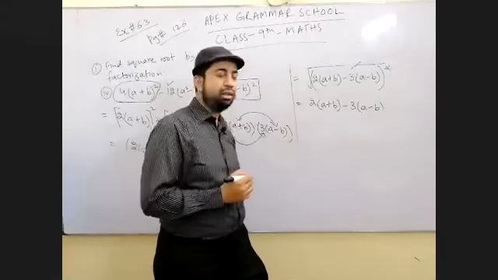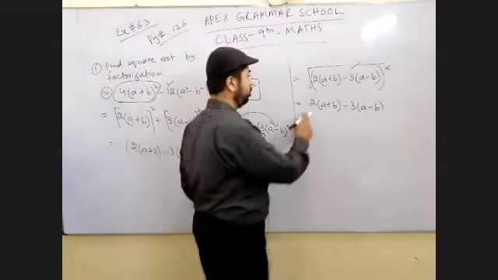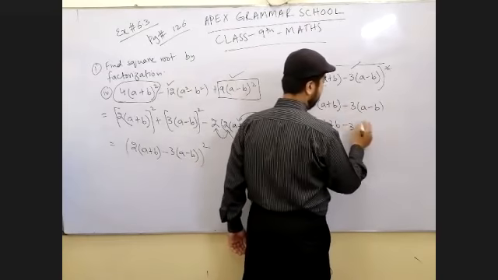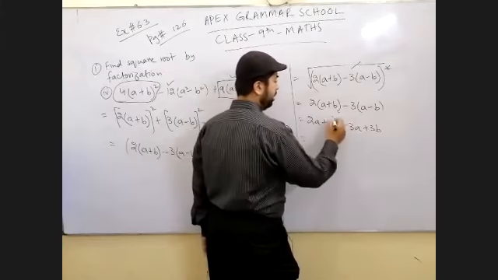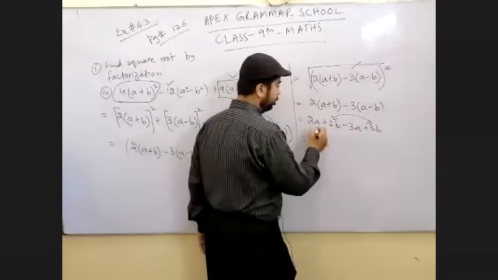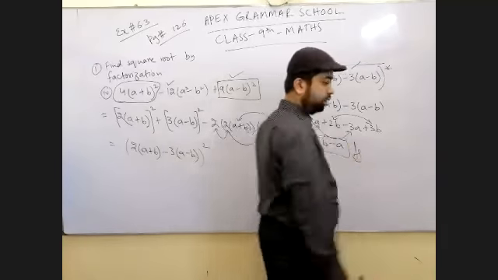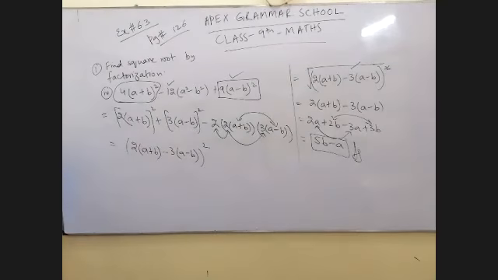Although this can be the answer, it requires more simplification. 2 is going to multiply inside, that is 2a plus 2b, and this is minus 3a plus 3b. So 2b plus 3b becomes 5b, and 2a minus 3a becomes minus a, and that's it. This will be the proper answer of this part.